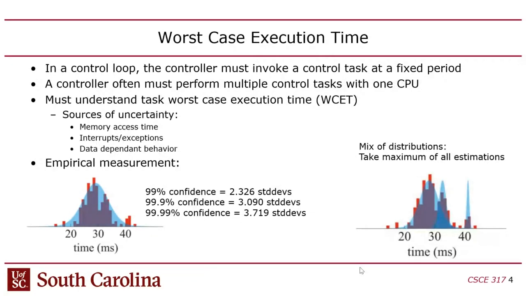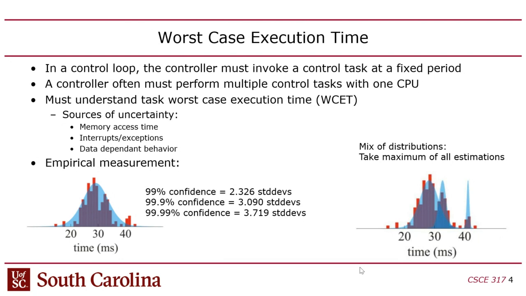So one issue is the worst case execution time. How do you know what the worst case execution time is when you have uncertainties? You've got cache misses that are non-deterministic, timer interrupts, external interrupts coming in. Oh, and there's data-dependent behavior. Sometimes, depending on the input, your program may take a little longer to run.